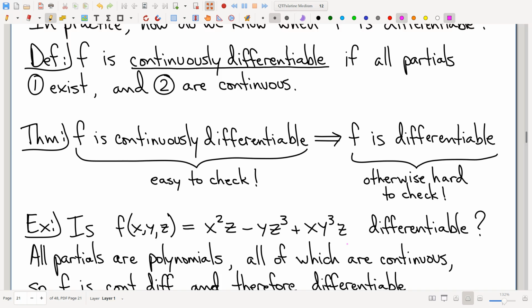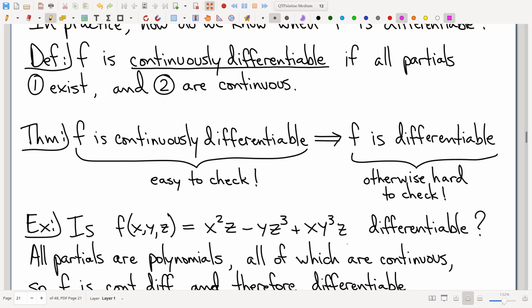Well, how do we show it's continuous? By basically waving your hands and citing old theorems from high school, namely that every polynomial, rational function, trig function, log, exponential, I think that's pretty solid.